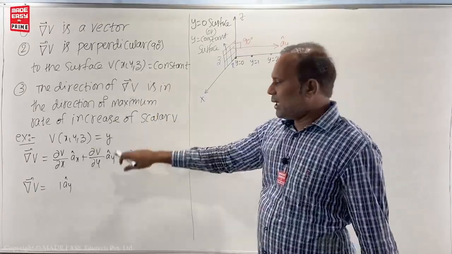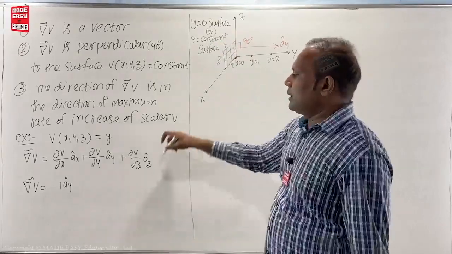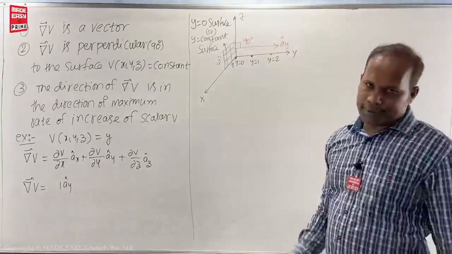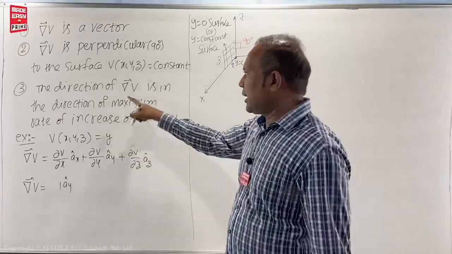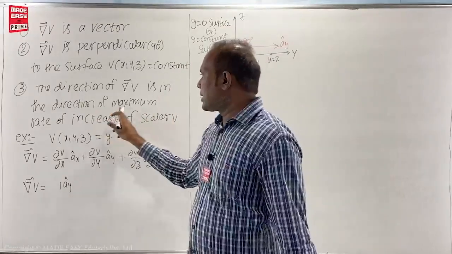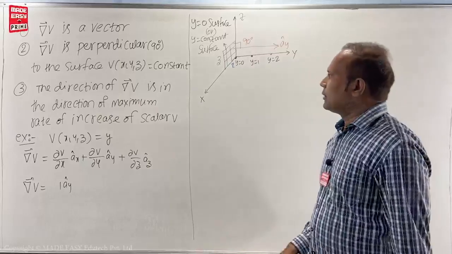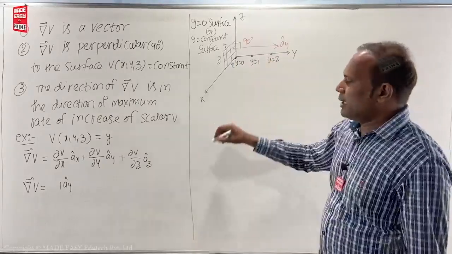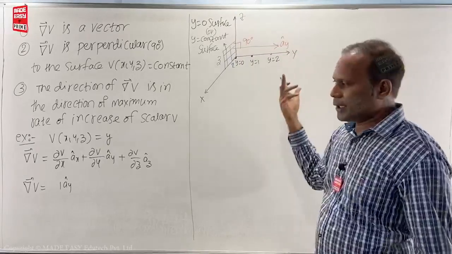Here v means y, so the y equal to constant surface. This ay makes 90 degrees. That is also correct. Now the direction of grad v, that means ay, is in the direction of maximum rate of increase of scalar v. So here scalar v, that means y, increases in this direction. So that is the direction of ay.